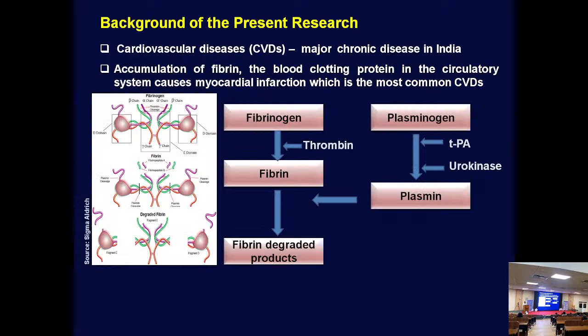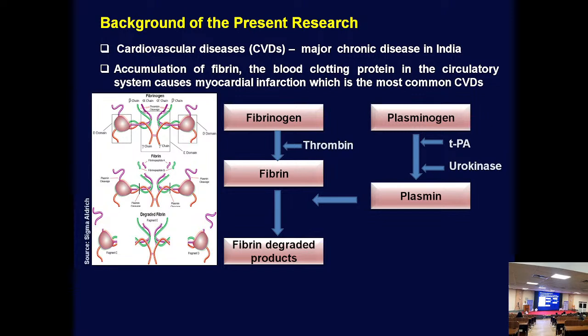We know that our physiological system is blood. We want our blood to be in liquid form when it is inside our body. When we get hurt, we want it to clot. We don't want to lose our blood. So basically, our physiological system is controlled by two opposite systems.